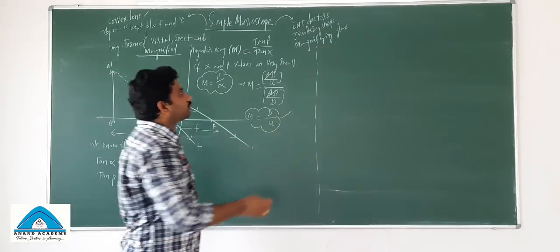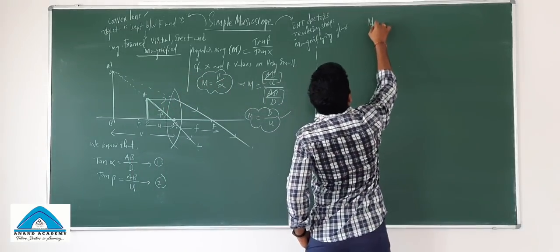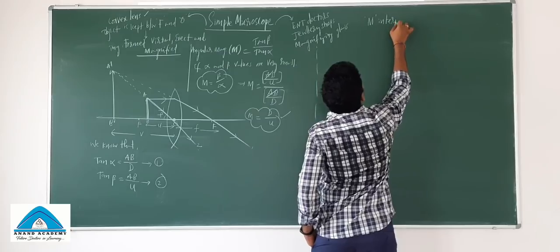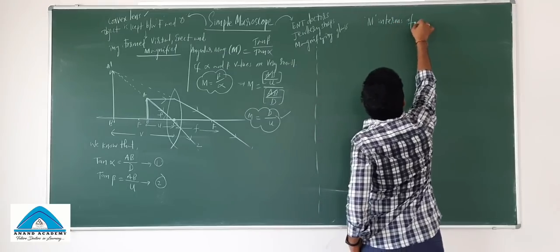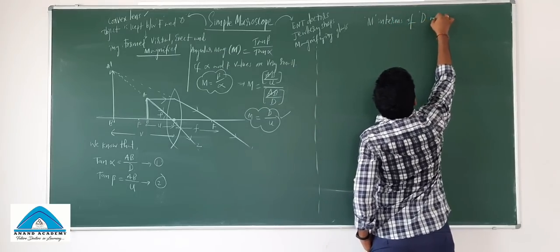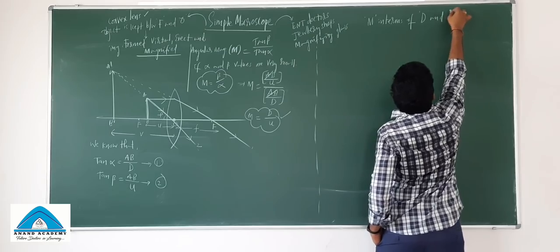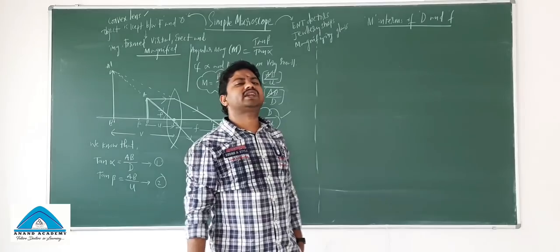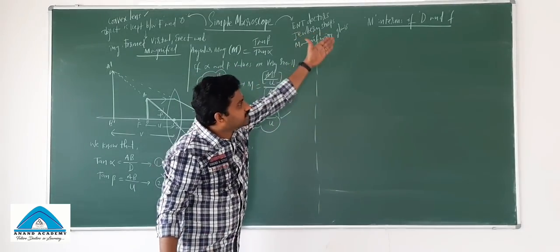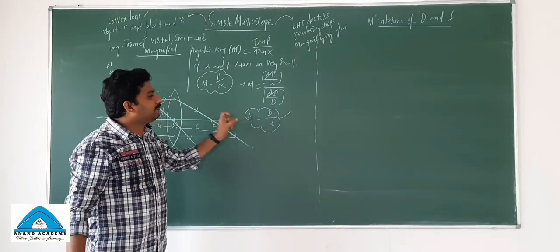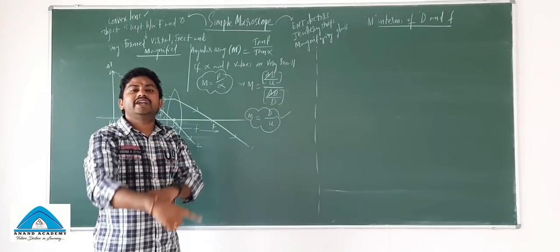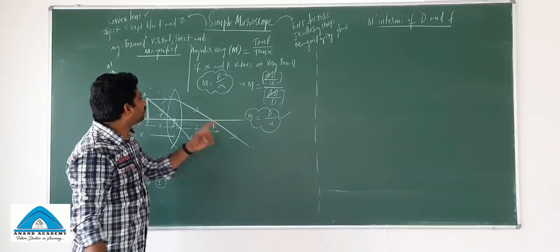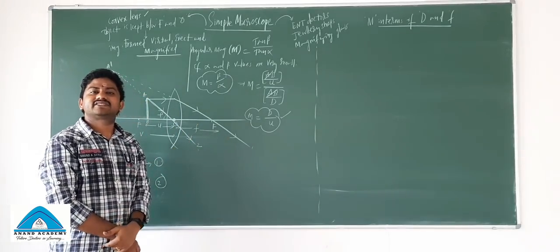So what we are going to write here is magnification in terms of D and F. 99% of the numericals will be asked based on this concept. This angular magnification will be written in terms of D, which is the near point, and F, the focal length of this convex lens. And let us start.